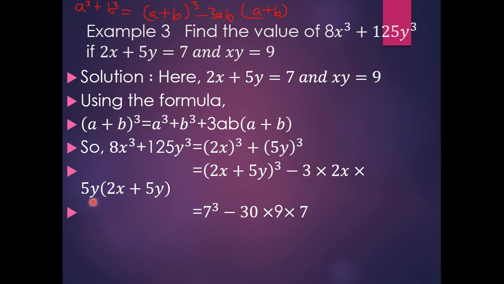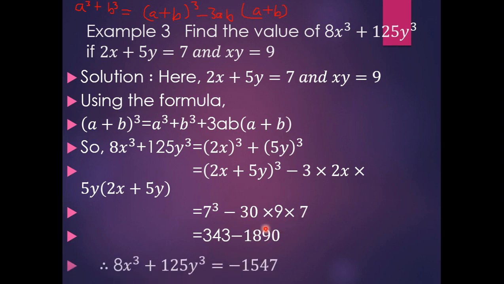The xy value from here is 9, so 9 is written here. The 2x plus 5y value is 7, we have written here. 7 whole cube, 7 times 7 times 7, that is 343. Multiplying all this, you will get 1890, and now while subtracting we will get minus 1547. Okay, in this way we get the value of this expression.